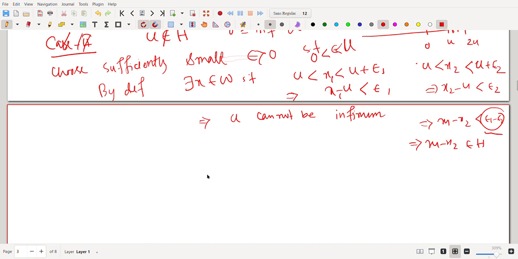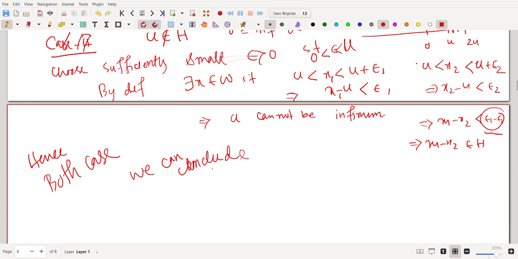That is the case. So in this case, this is not possible. Hence, in both cases, we can conclude H is cyclic.